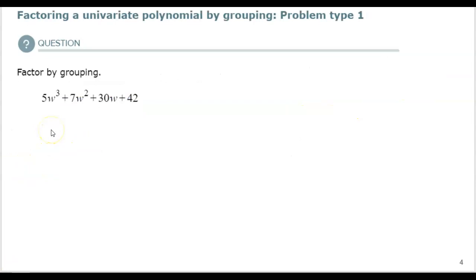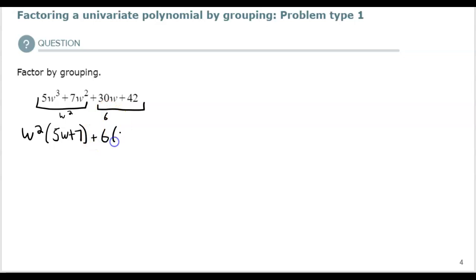So notice this does not have any inherent factors. However, when we say we factor by grouping, I'm going to group these first two terms together and these second two terms together. And I'm going to pull out the greatest common factor, w squared, 5w plus 7. I can pull out a 6 from this.